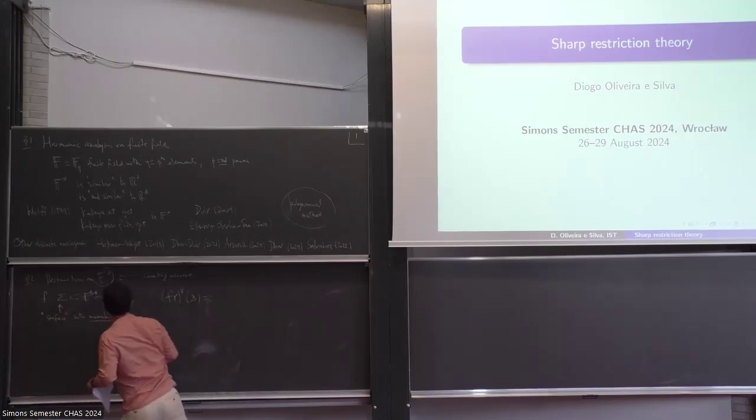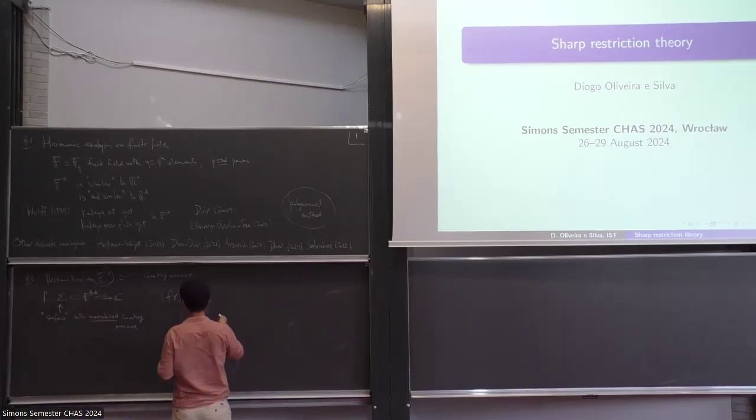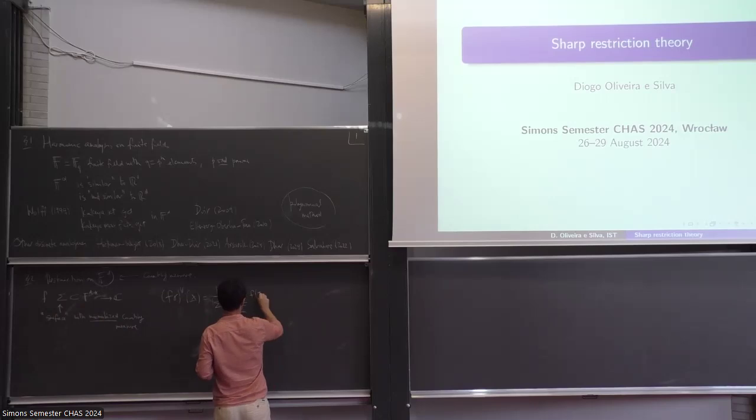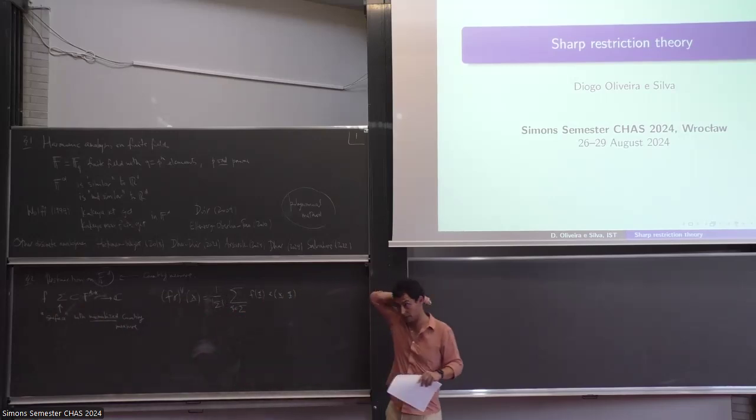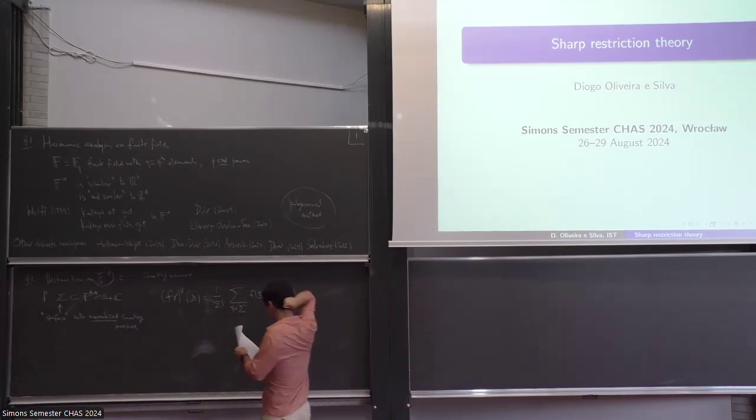Sigma is a subset of the dual vector space, so we should consider the normalized counting measure. So we divide by the number of points, and we take a sample of c in sigma. f(c) times e(x dot c). Okay, so this dot represents the usual inner product of FB or FB star.